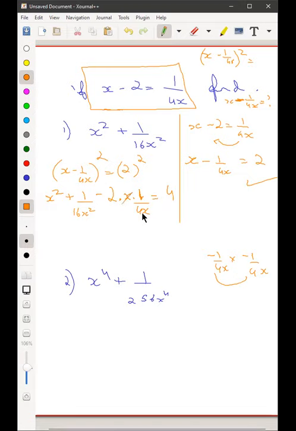So x and 4x I can cancel, so I'll get a 2, or 2 and 2 will cancel, so I'll get a 2 over here.